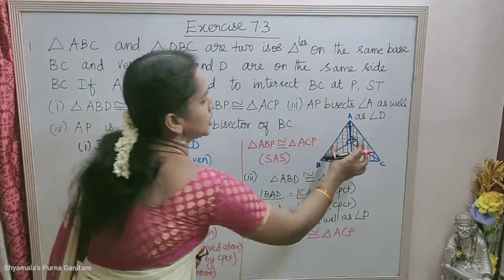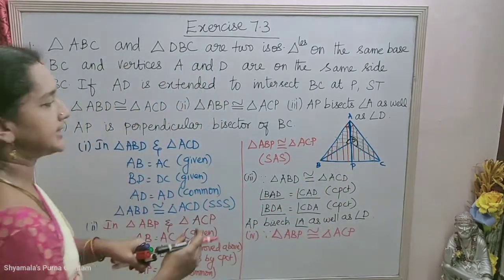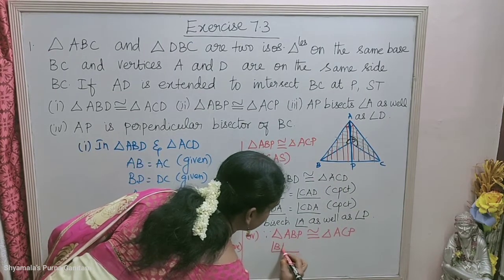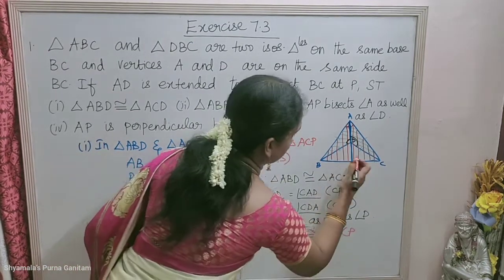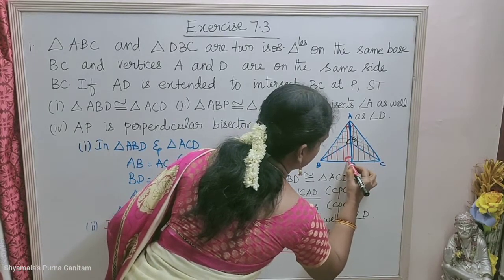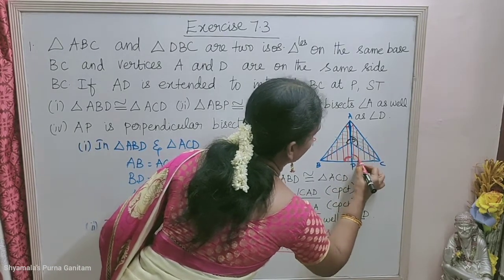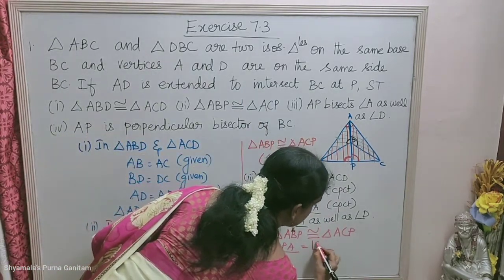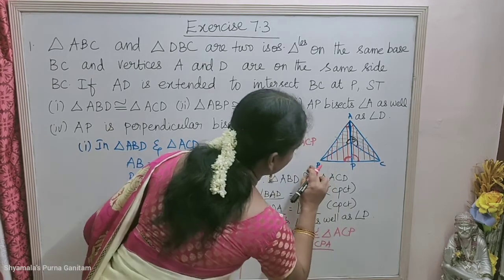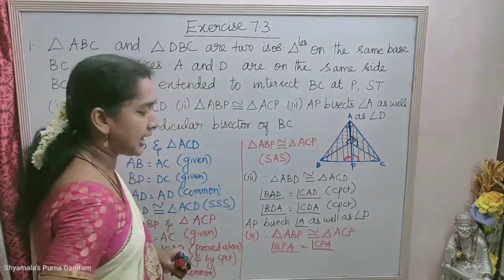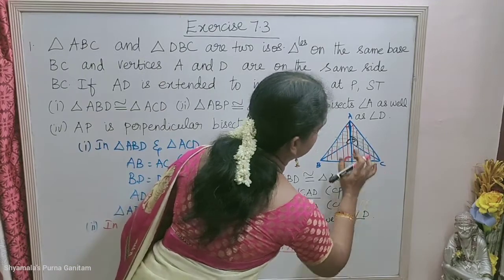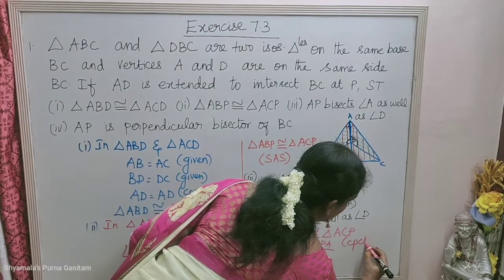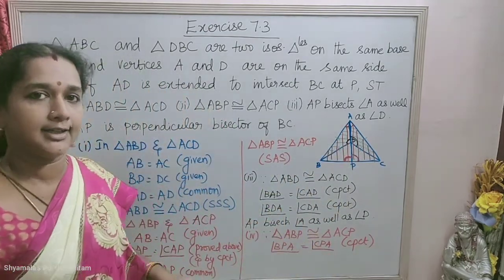Since these two triangles are congruent, angle BPA is equal to angle CPA, by CPCT.